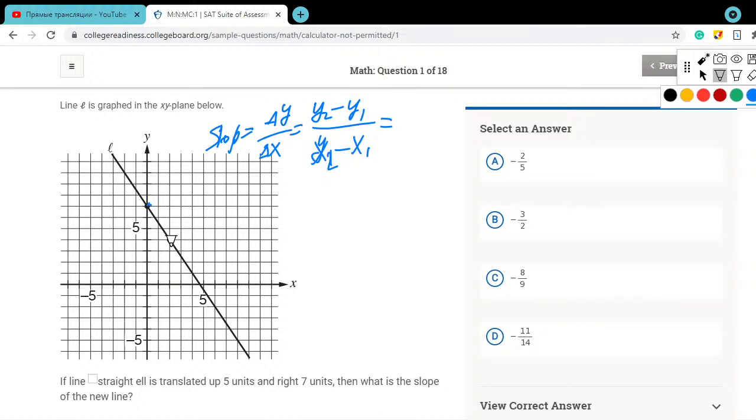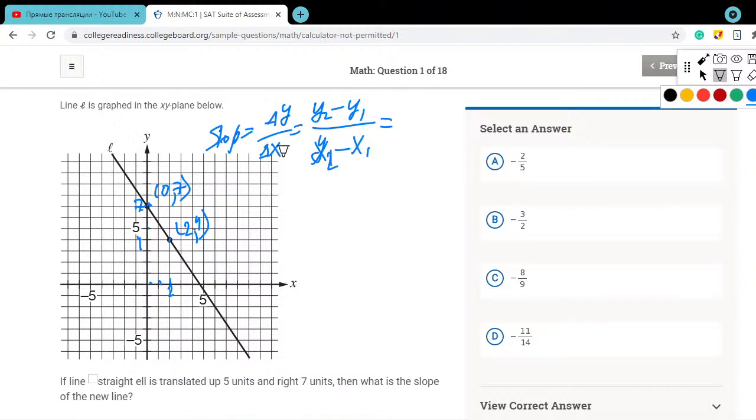Let's find the points. It would be 0 and 7, and this one is 2 and 4. So we put this here, and we get the slope.